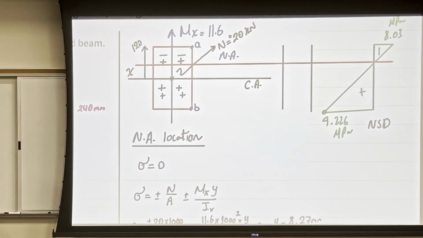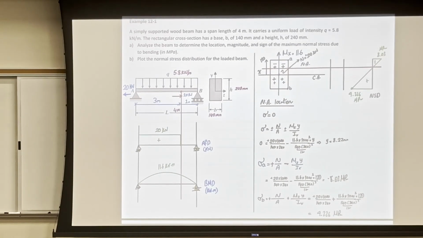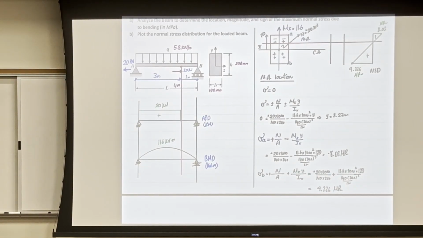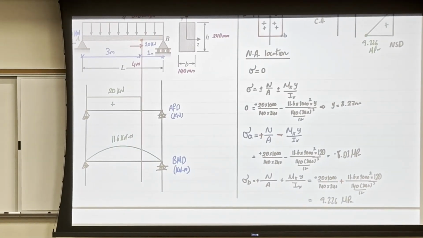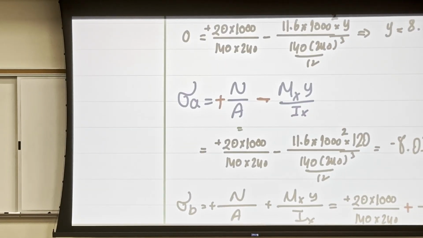But let me break up this graph. So we solved the stresses using the equation, but let me break up that equation. So we know, for example, the bending stress only at point A, the axial stress only at point A, which is this part only, this is equal to 0.595.